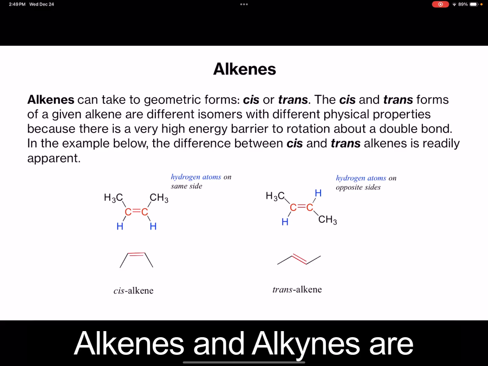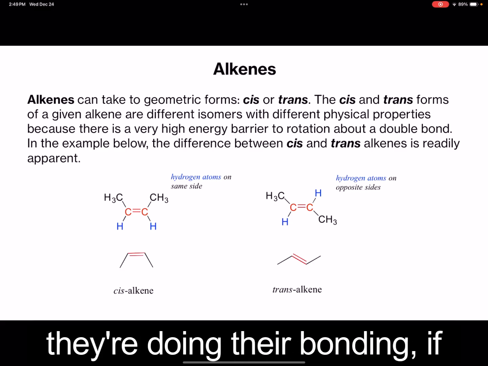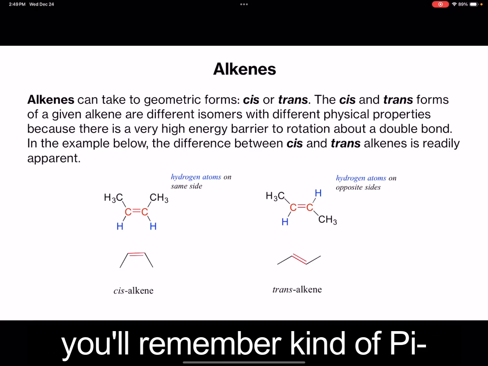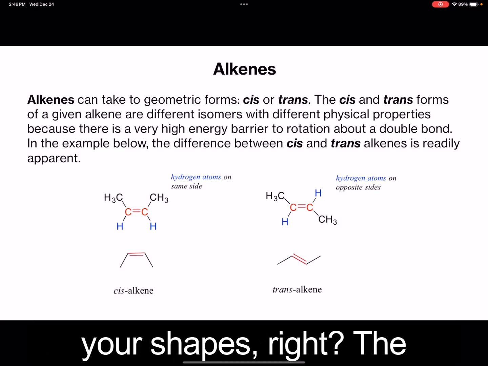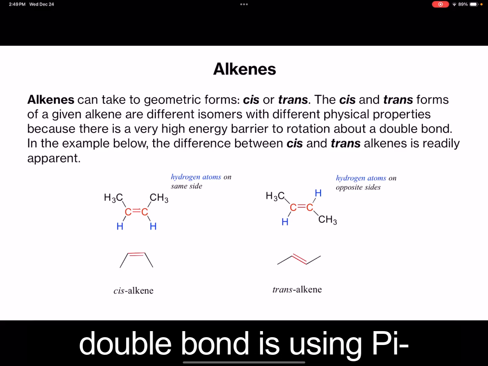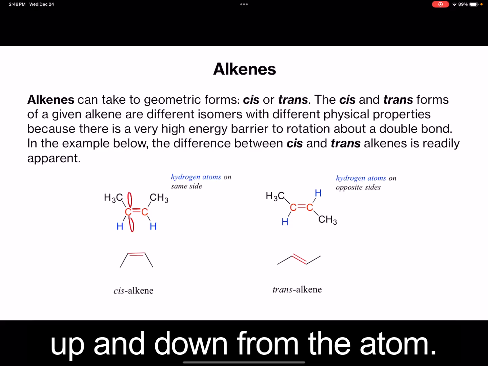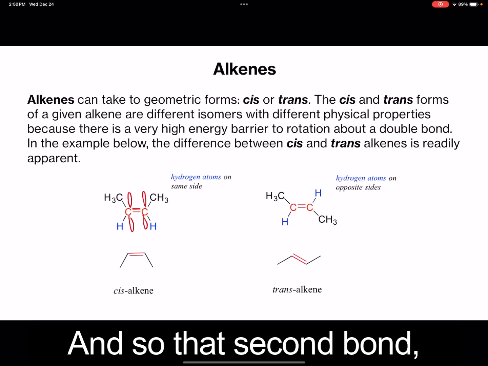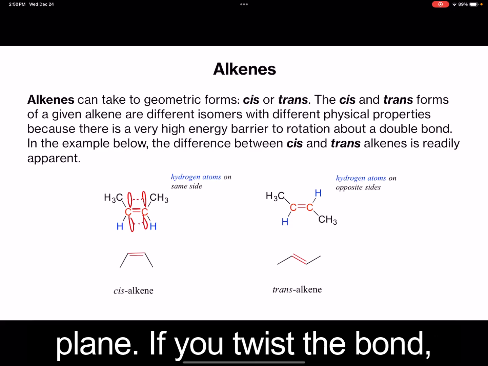All right, so alkenes and alkynes are unique because of their bonding, if you remember pi orbitals and s orbitals from your shapes. The double bond is using pi orbitals, which extend up and down from the atom. And so that second bond is like a propeller on a plane.